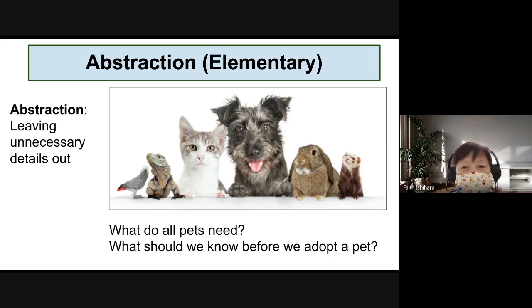So here's an idea for abstraction. When we talk about, are you going to adopt a pet? We may not necessarily need to know exactly what kind of food each type of pet would want to eat. But abstraction would be saying that you need to be able to care for your pet, feed your pet, give them a forever home, and those big ideas as examples.